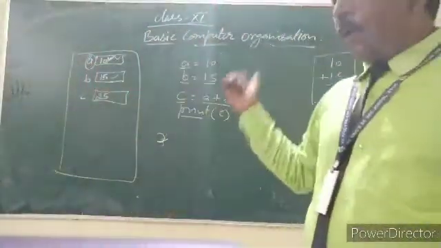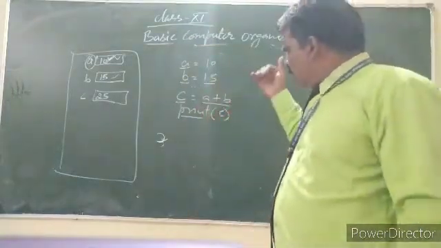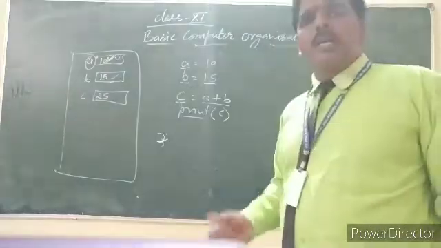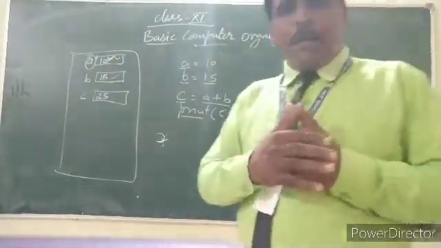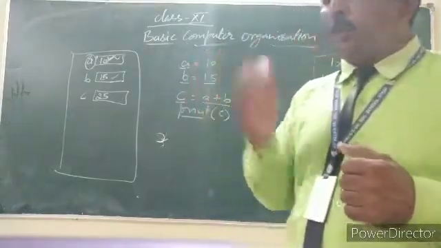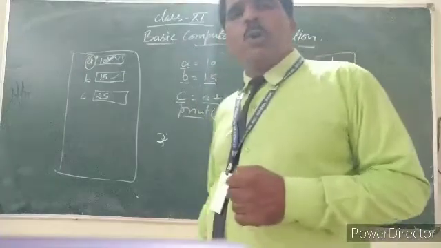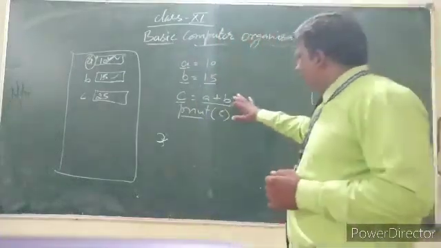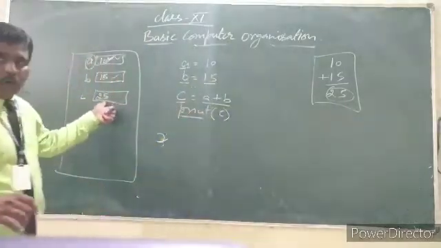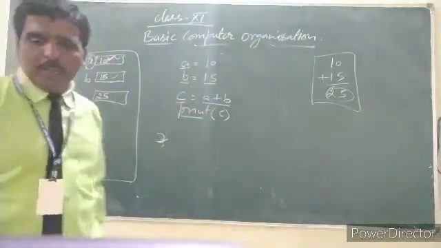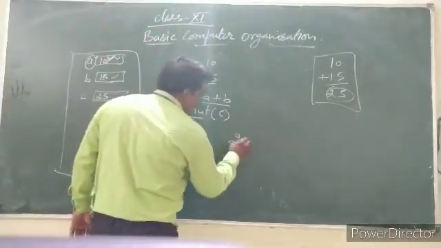So by using the print method, we are able to display the result. So that's why by using the print method in Python, you can display the output. So here the value of c will be displayed, it means 25 will be displayed.